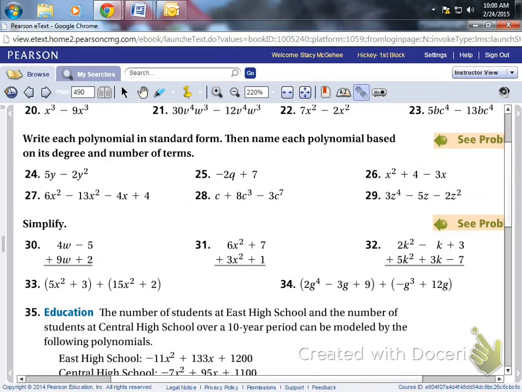So you would have, let me get a different board. You would have negative 2y squared, and then what was the other term?